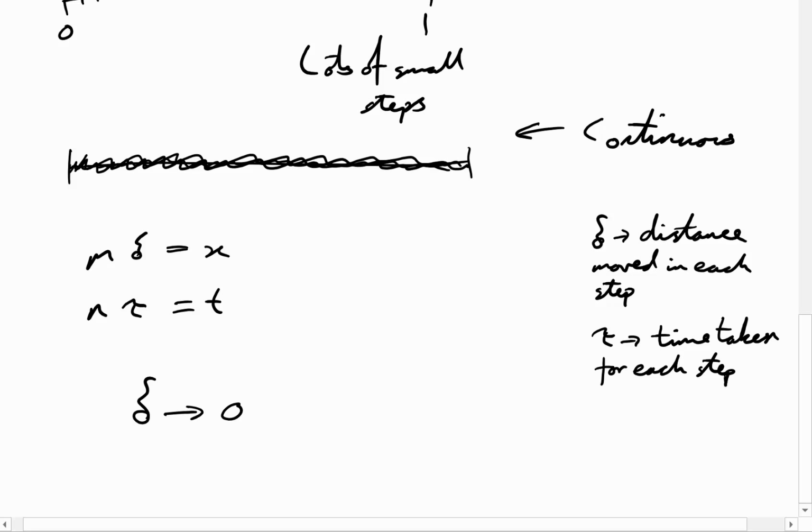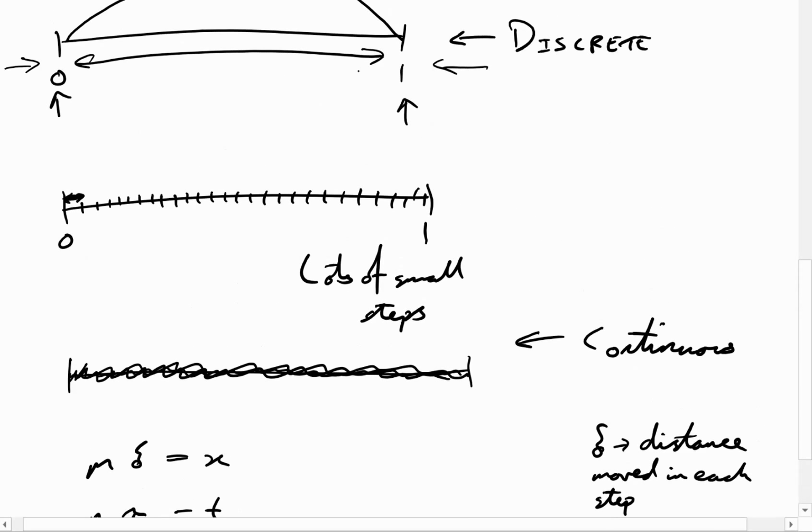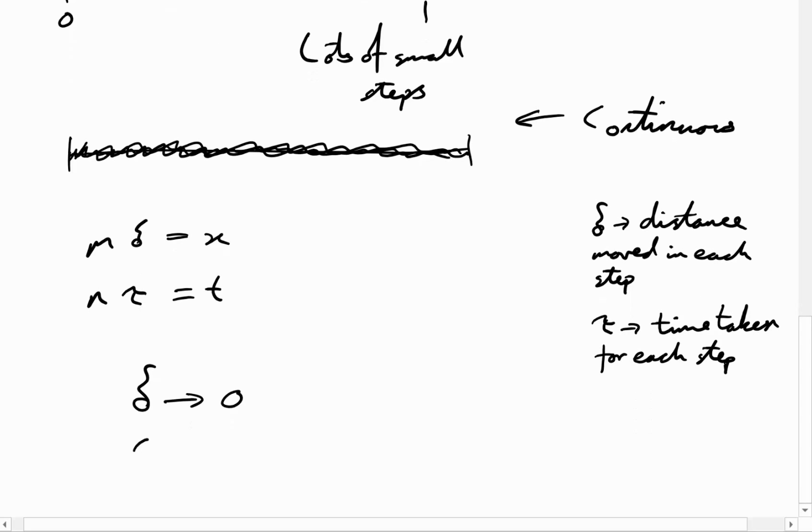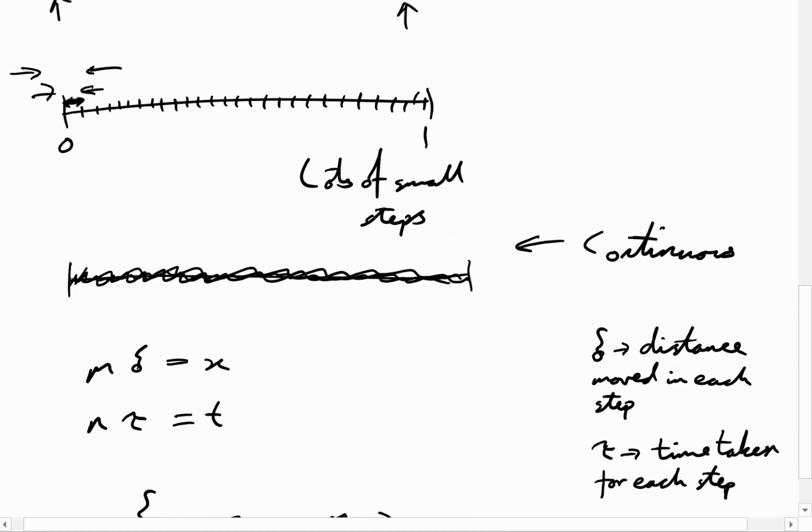The same goes for tau: we want to condense the time taken for each step to 0, so it takes less and less time. And what we're going to have as a result is the position that we end up at.